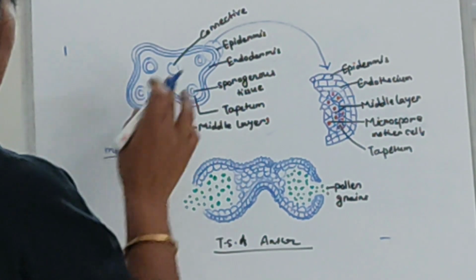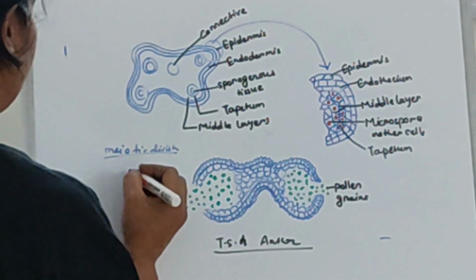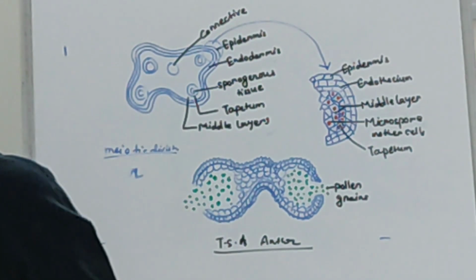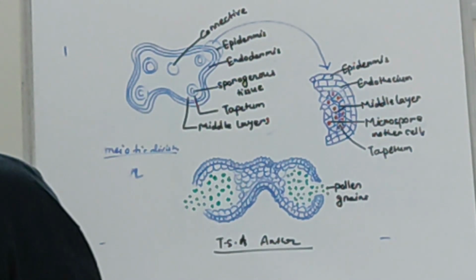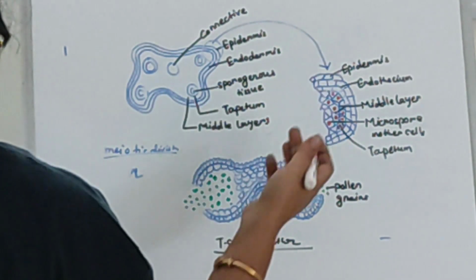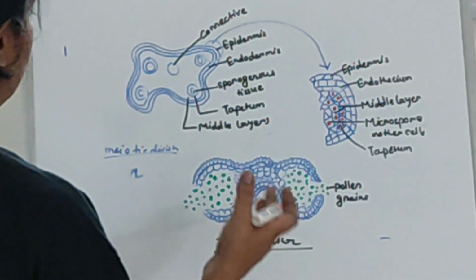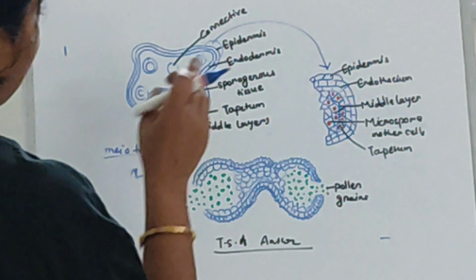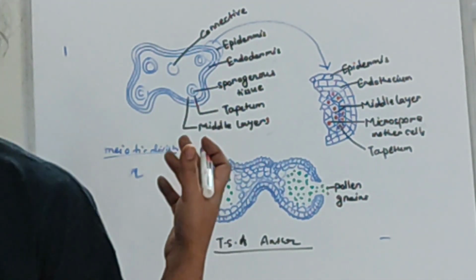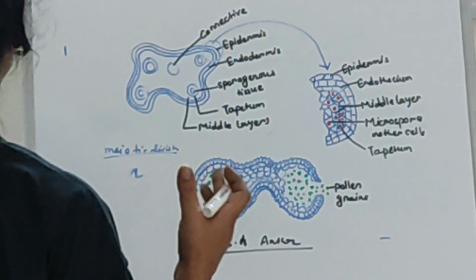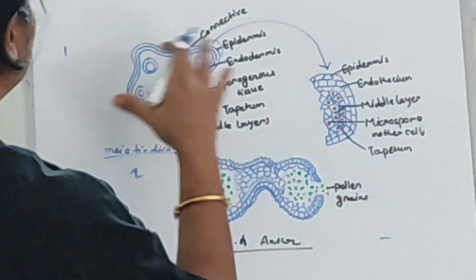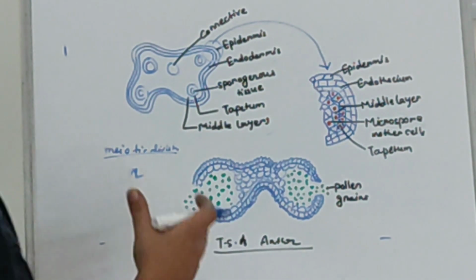So after meiotic division, the ploidy is N. Now you can see that each cell of the sporogenous tissue is capable of giving rise to a microspore tetrad. Each one is a potential pollen.